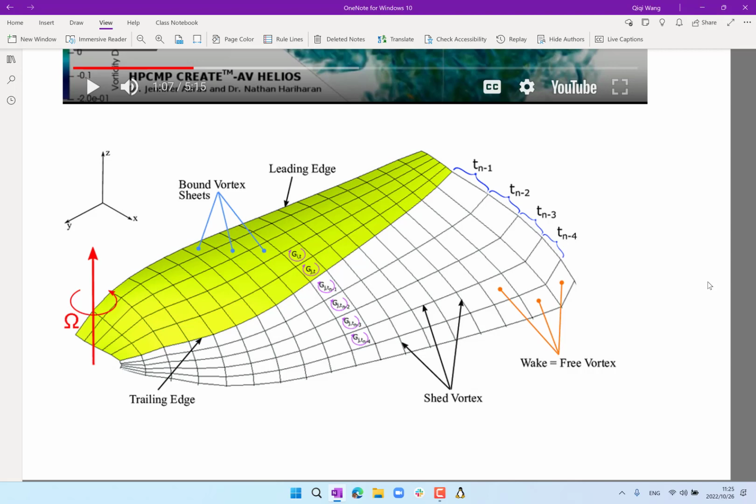right? So essentially, you just treat it as an airplane, and as the blade rotates, no matter in hover condition or in forward flight condition. In forward flight condition, what's a little bit more interesting is that the lift is going to change as a function of time. So the strength of the vortex coming out, even from the same section, would change as a function of time.